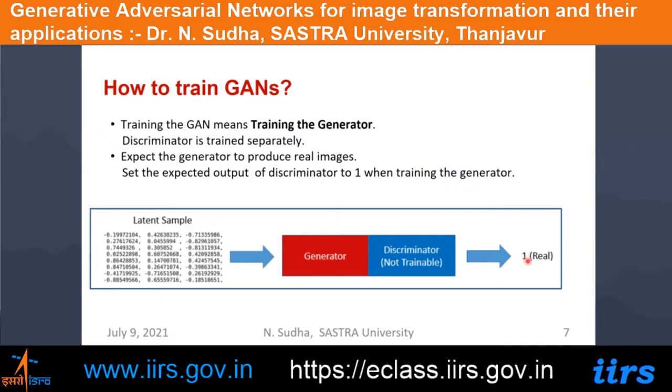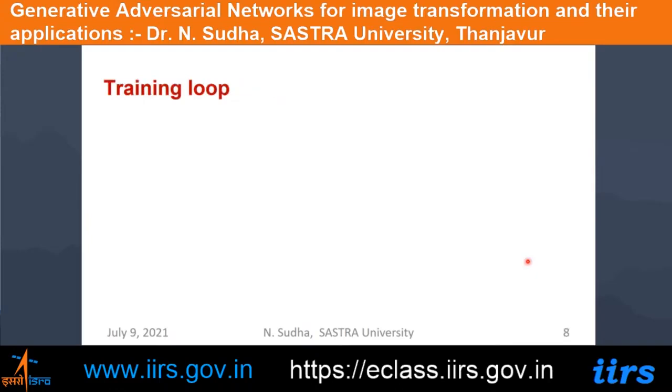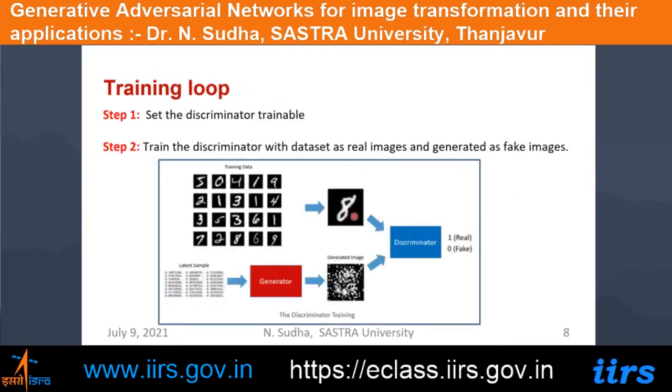So how will the training loop be in this case? First, you set the discriminator trainable. We have to do the training alternately. The discriminator and the generator are trained alternately. So first you set the discriminator trainable, and then you train the discriminator with the data set as the real images. The real images are given to the discriminator.